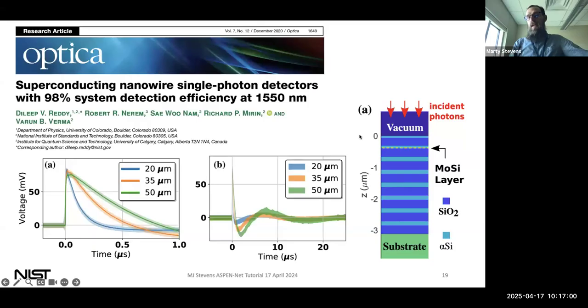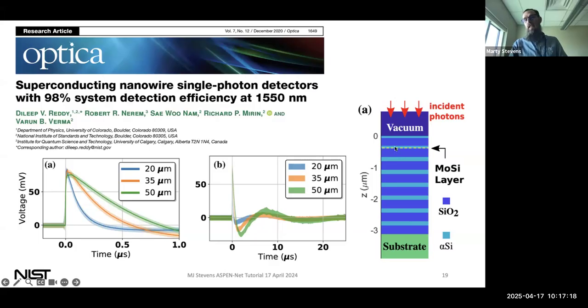And the basic idea is, here I'm showing on the right the way we achieve really high efficiency, and that is to embed the superconducting wires into a dielectric stack. Essentially the idea is photons come down from the top.